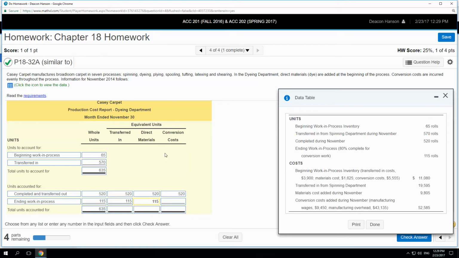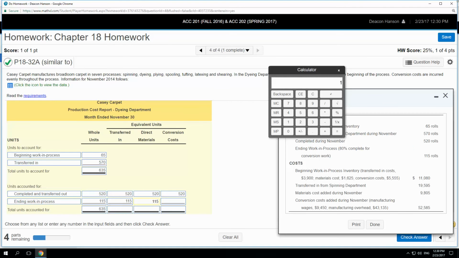Conversion cost. Now conversion cost is a combination of direct labor and manufacturing overhead. Okay, the direct labor and manufacturing overhead. Over here, it's telling me that it's only 80% complete for conversion costs. So I'm going to have to take that 115 and multiply it by 0.8 for 80%.